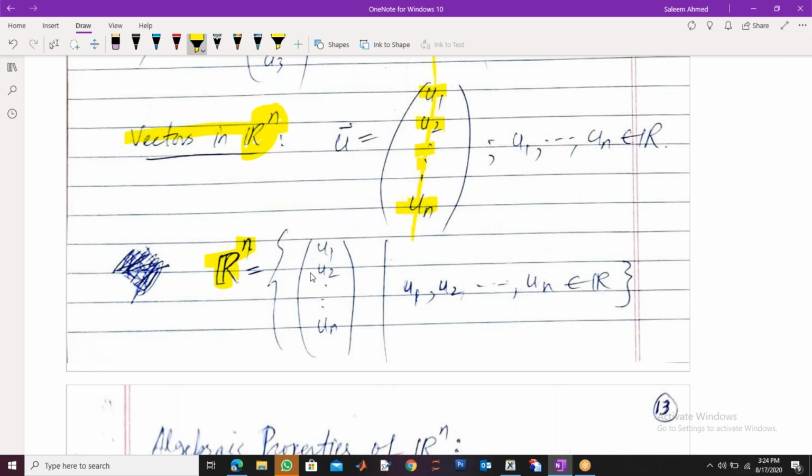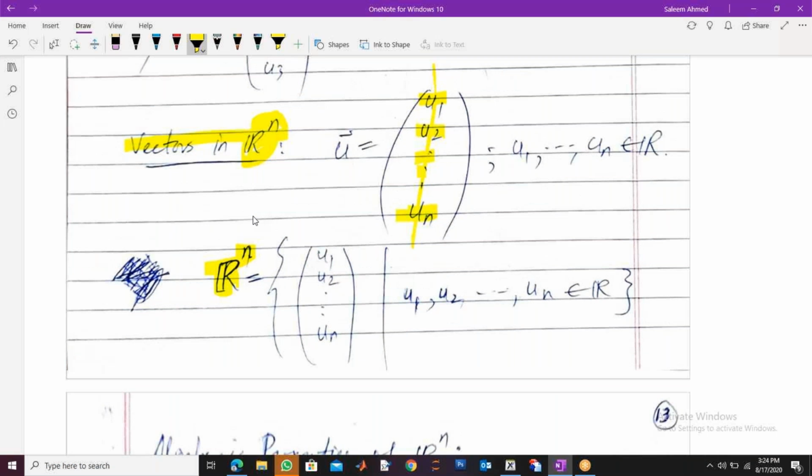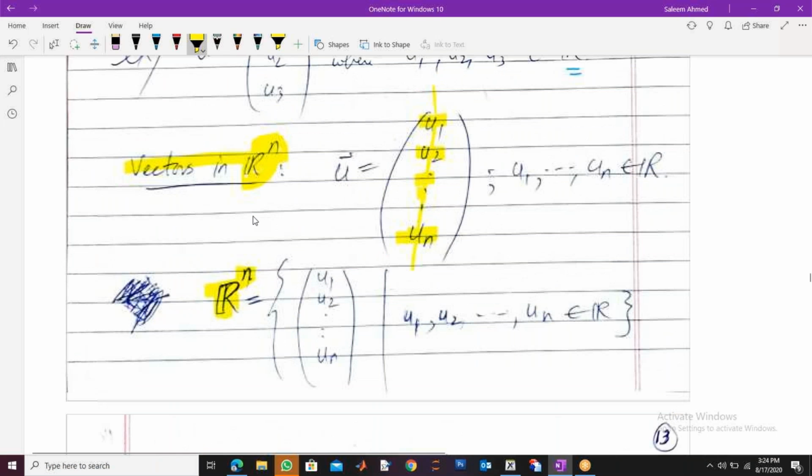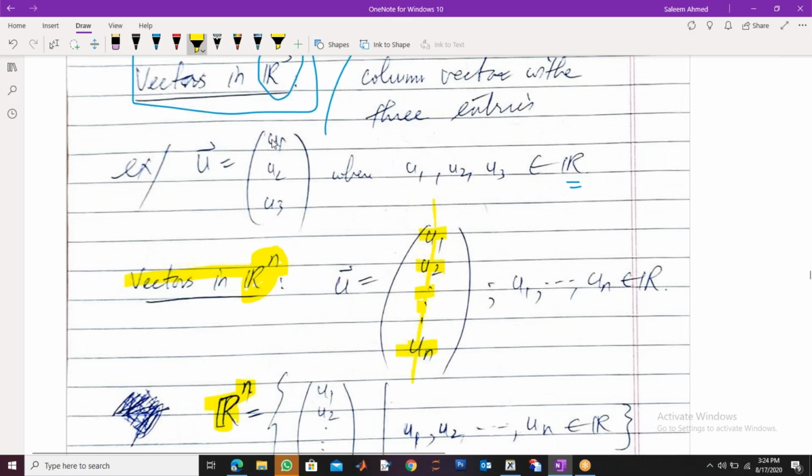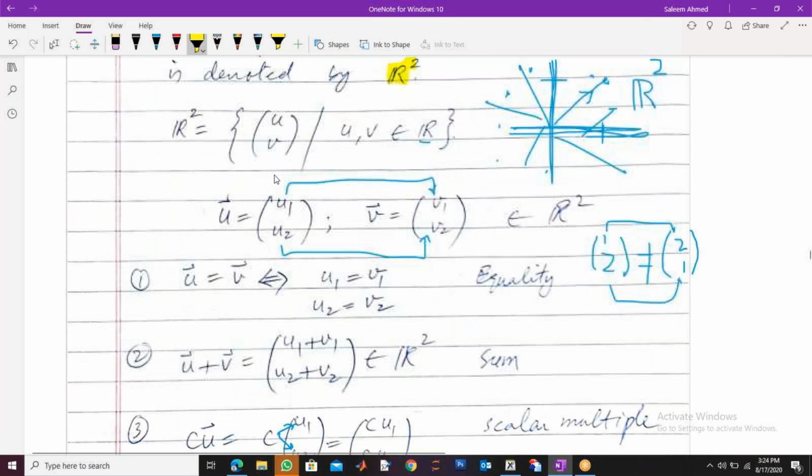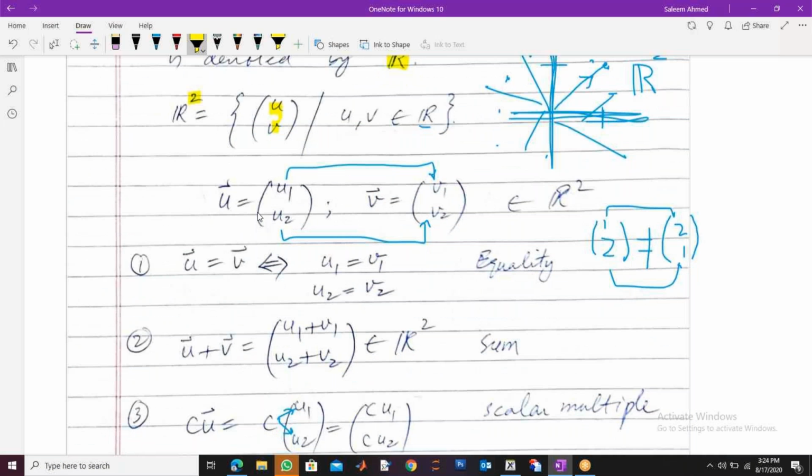Rn is a set of vectors that have n entries in them. R3 is a set of vectors which have 3 entries in them. R2 is a set of vectors which have 2 entries in them, right? So this power only gives you the number of entries in the vector. Got it?